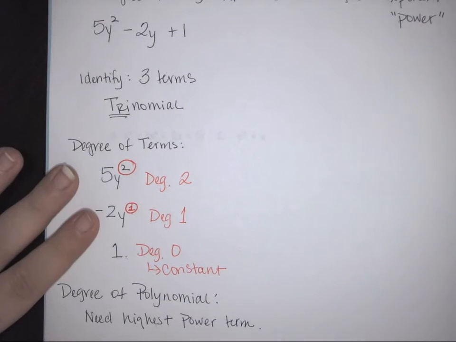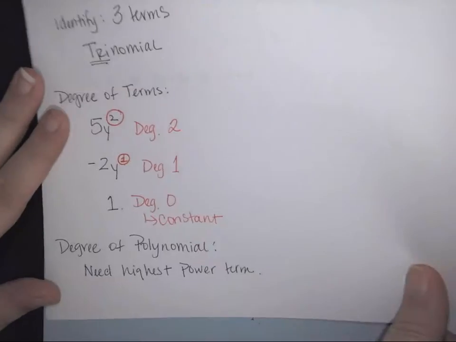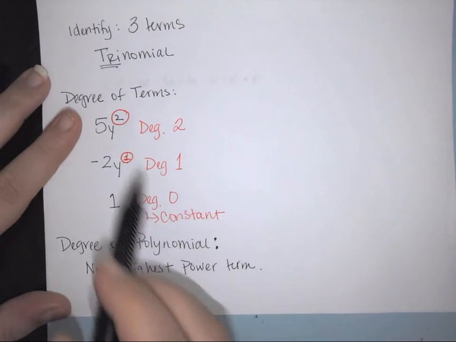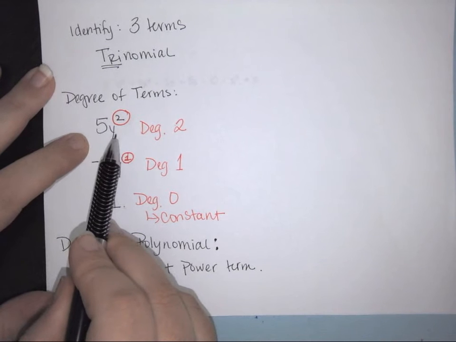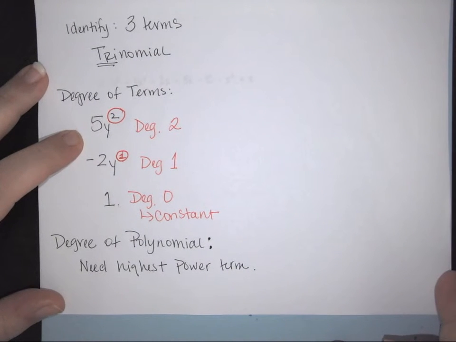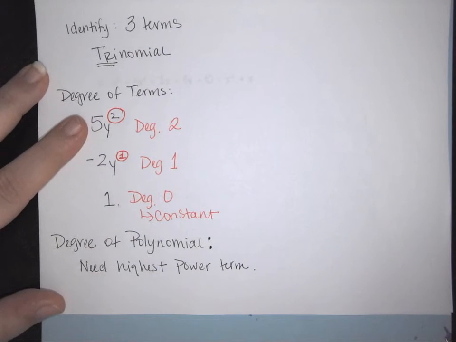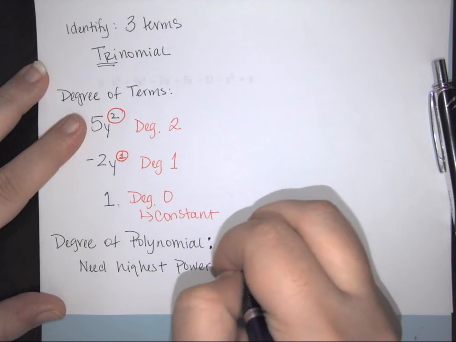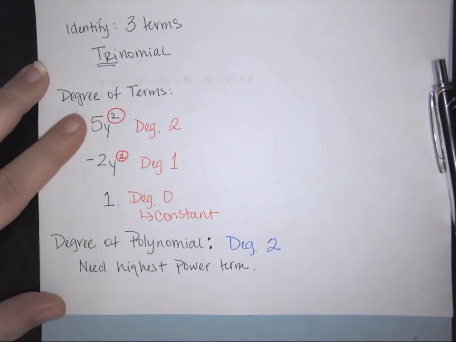So in looking at the highest power, the degree of my polynomial is going to come from the degree of 2, because 2 is my highest power. So here we have that your degree is 2.